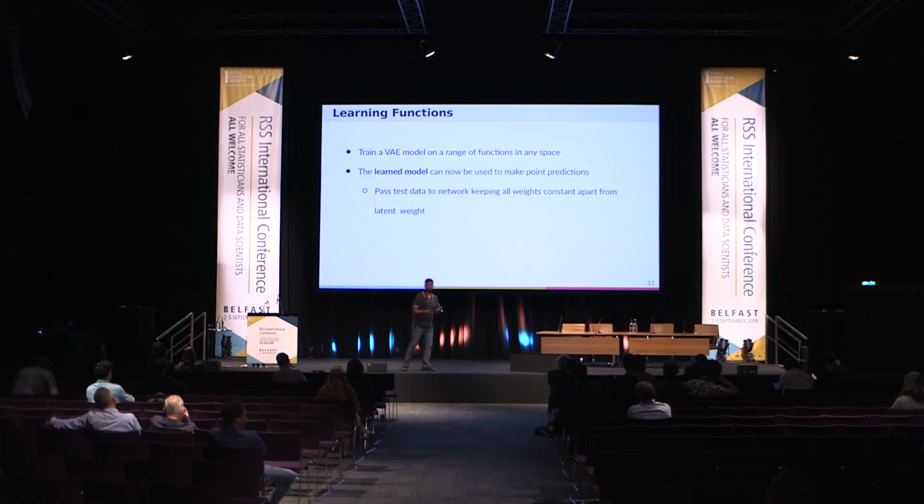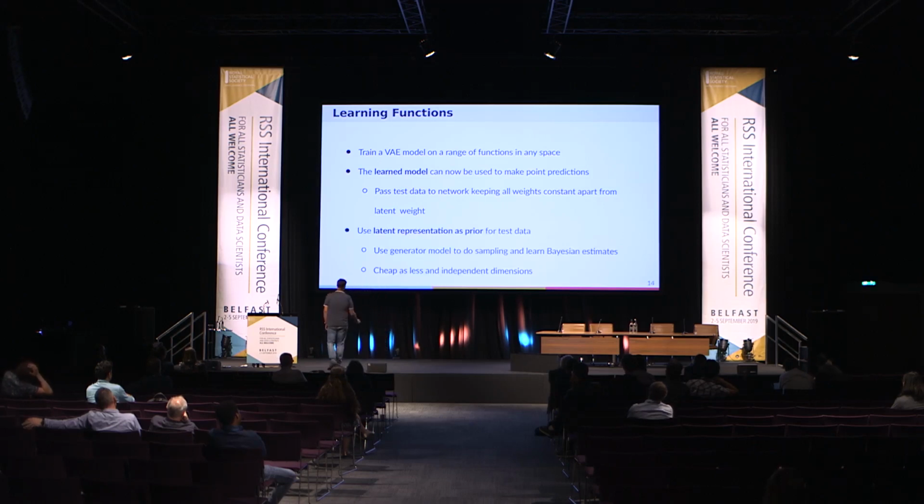latent dimensions, or once you have trained your variational autoencoder, what you can go and do is, now when you have your new points for which you want to do predictions, one simple way is you have your network ready, you can push your data to it, and you can get the function that is trying to do it. That's a point estimate. But then, why just stop at a point estimate? What you can go ahead and do is take that latent representation, use that as a prior for the new test points where you want to do predictions.